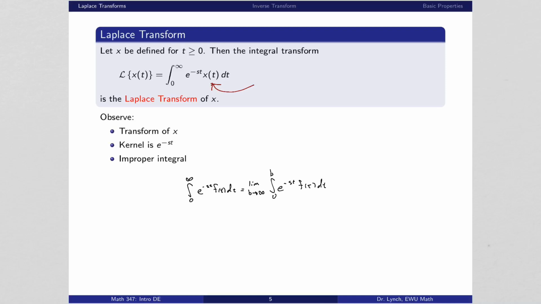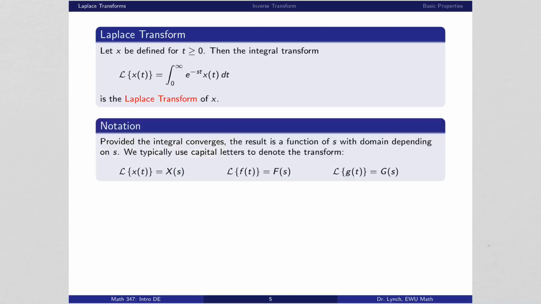So we'll write our transform of the function f, or here it's x, as the limit as b goes to infinity of the integral from 0 to b of our kernel, e to the minus st times f of t dt. And again, we'll be interested in such integrals that converge.